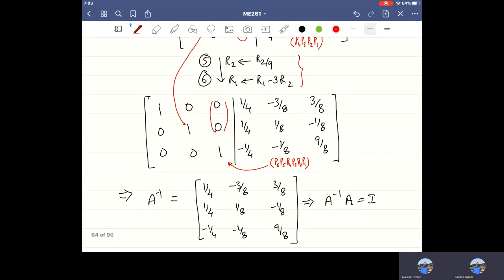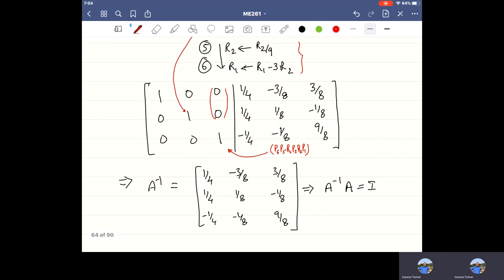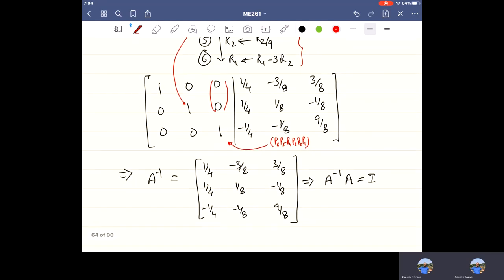Note that we cannot do it always, but in this case, we have been able to do. Now we see that we've reduced A to get A inverse. I think we can always do this to get A inverse. We can always perform row operations, but I would like to clarify that these are not similarity transformations.